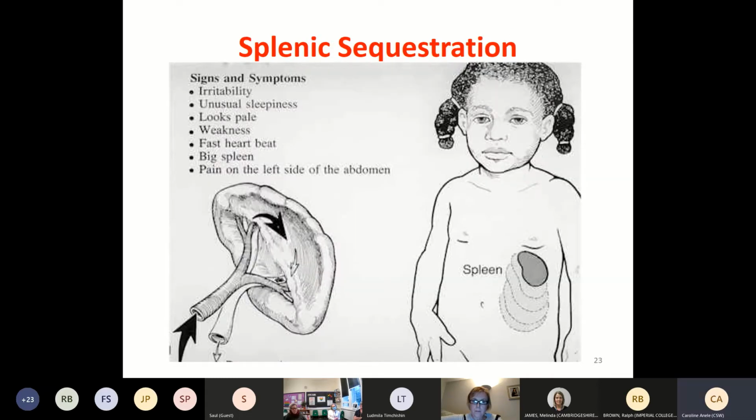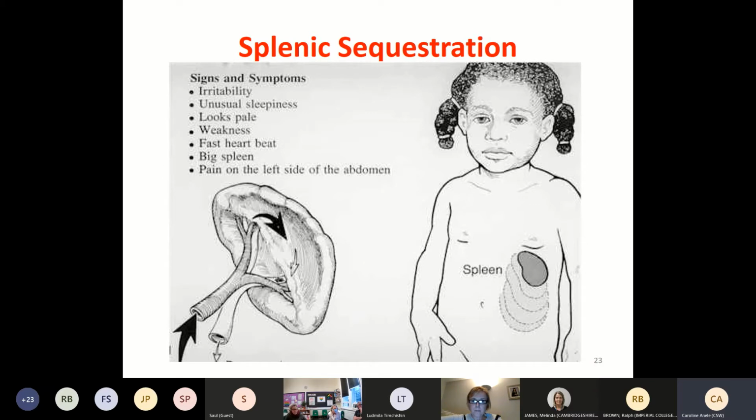Splenic sequestration. The spleen is an organ that sits just under the left rib cage, and when the blood goes into the spleen, it might not drain out due to the blockage caused by the sickle cells, and this could be life-threatening.